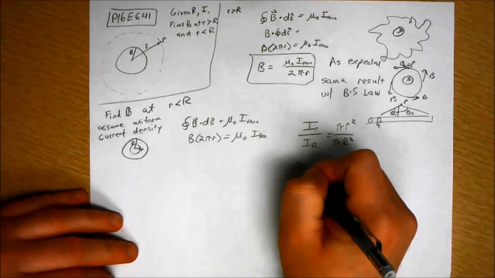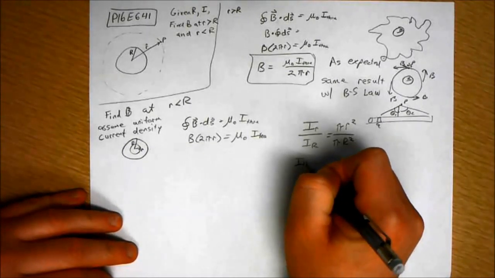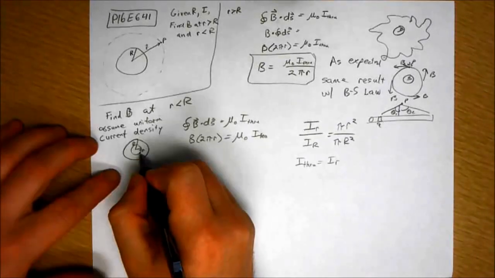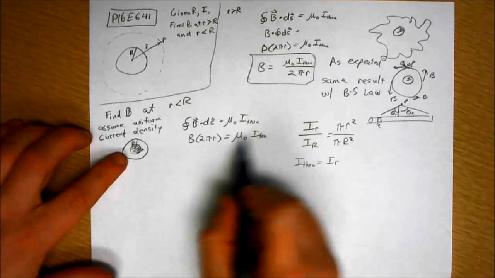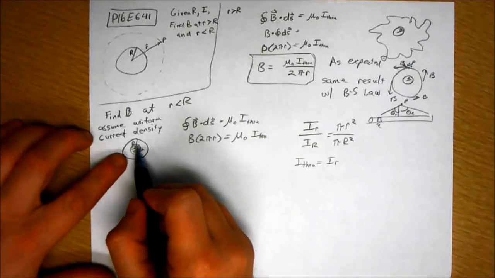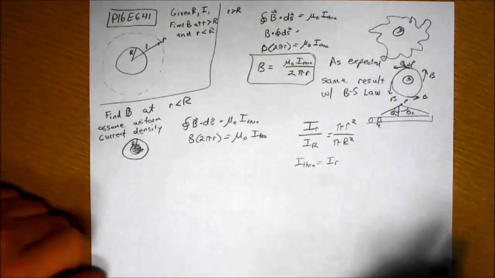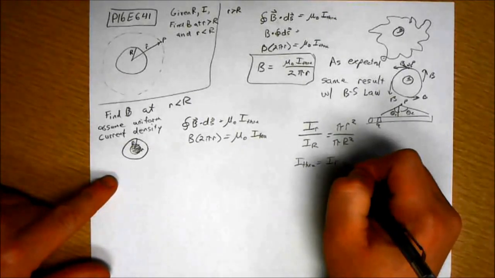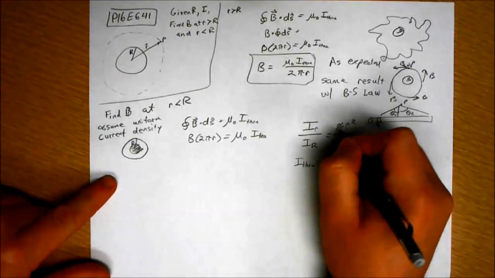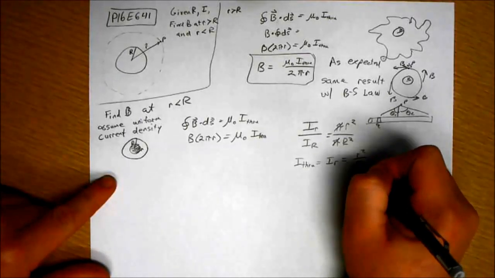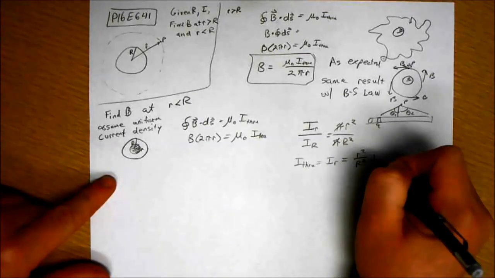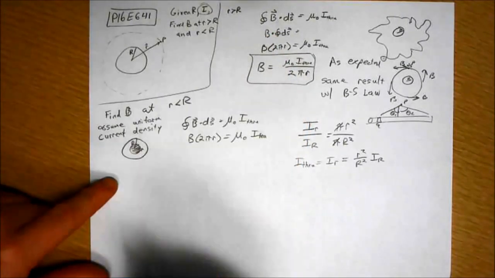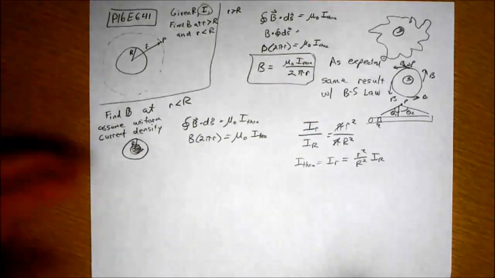So that means I through, the current through this Amperian loop, is equal to, cancel out the pi's, r squared over capital R squared times I sub R, where I sub R is just the current we're given in the beginning, the total current through the wire.